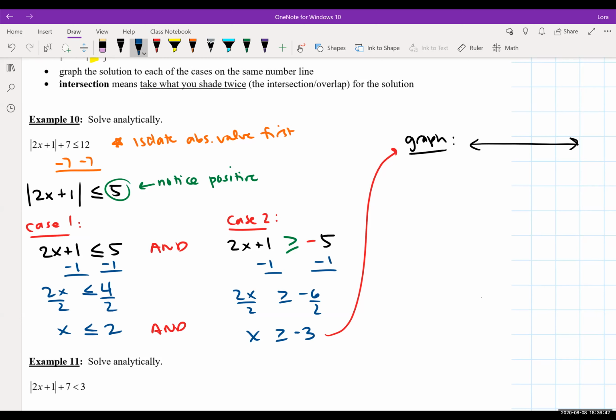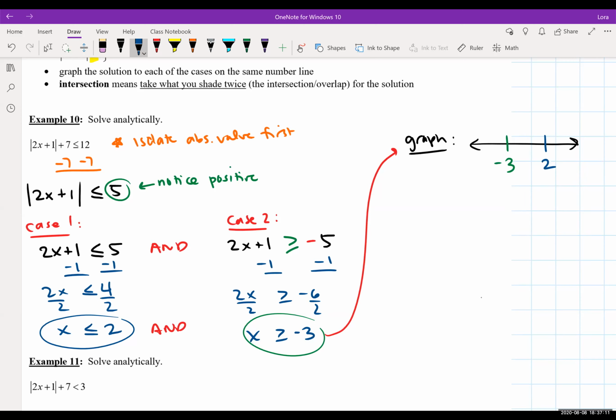I'll still do one in blue. So I'll do the x is less than or equal to 2. Let's make sure before we start, I have blue and green going on. We can plot the boundary points in relation to each other. So I should have -3 on the left of +2. They don't have to be to scale, but as long as you know which one is on the left, which one's on the right.